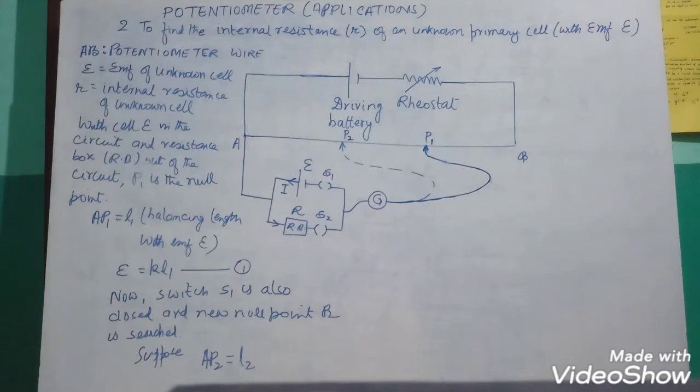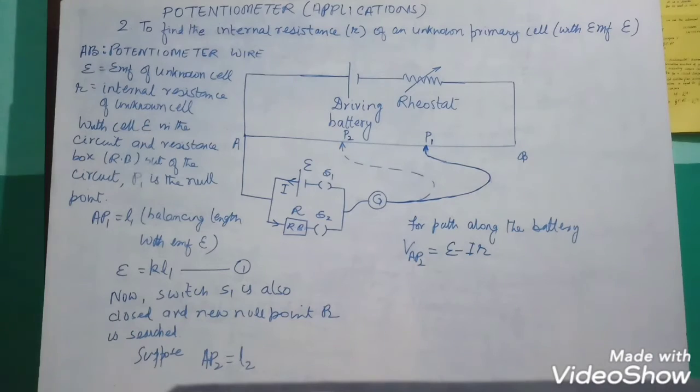So if we find out the potential difference between points A and P2 along the path through the battery, that potential difference will no longer be equal to the EMF of the battery, and it will be equal to the potential difference V across the battery terminals. Because current is flowing through the battery, this potential difference across the battery terminals will not be equal to the EMF.